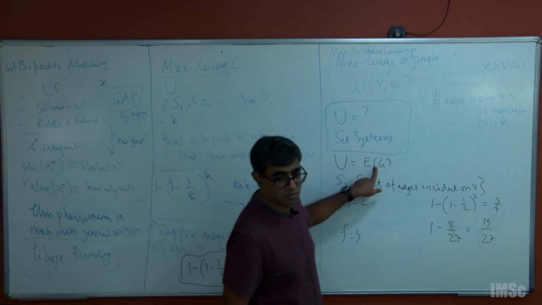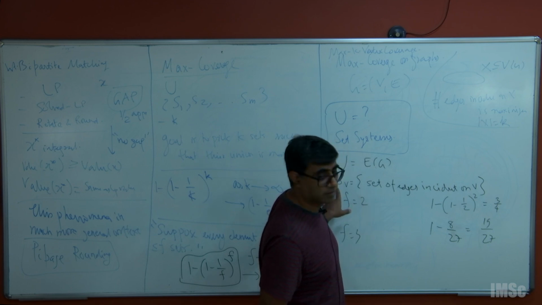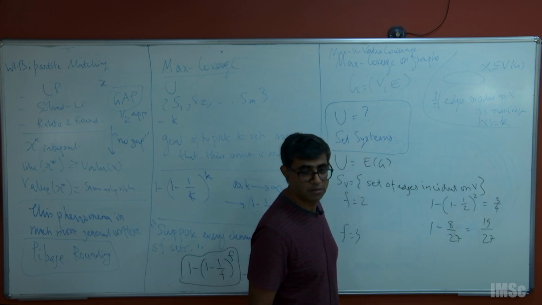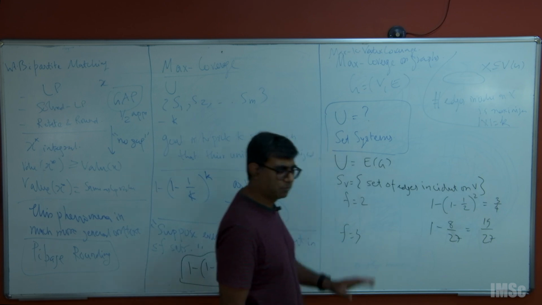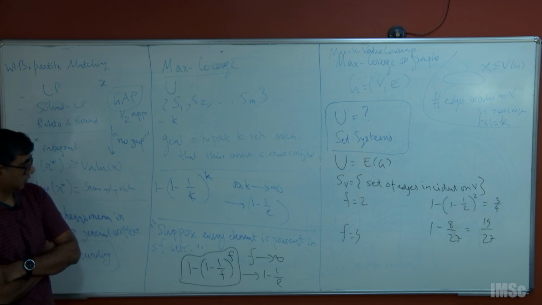Universe is edges. What is vertex? What is family? What is SV? Set of edges incident on V. Please wait. Think for yourself.